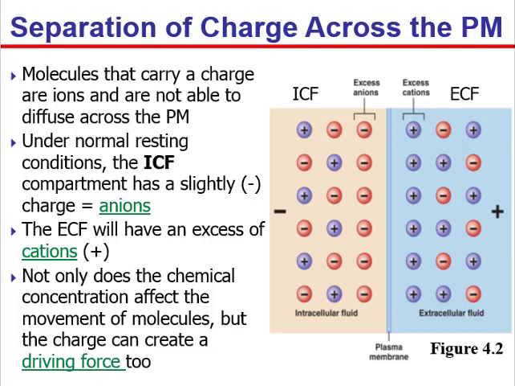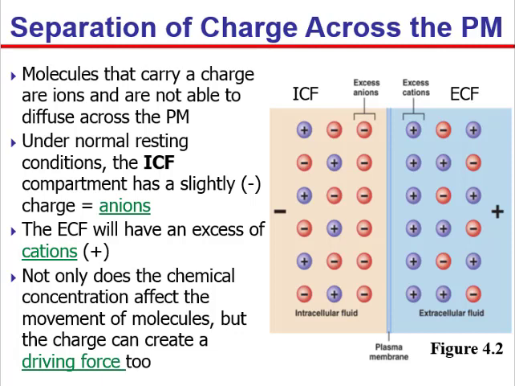And what happens is with the concentration differences across the plasma membrane, you also have separation of charge. So under normal resting conditions, the ICF, shown here on the left in figure 4.2, has a slightly negative charge, and a negatively charged particle is called an anion.